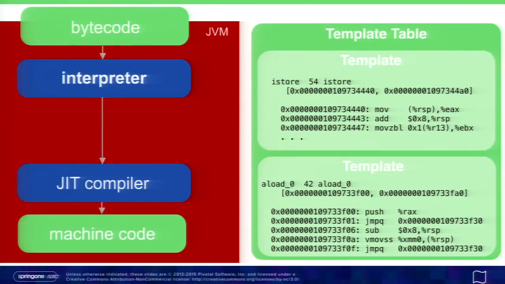And all those templates live in a template table. So what's happening is there's actually assembly code being executed, even in the interpreter. So this is fast, but it's also pretty complex, and it requires assembly code to be generated for all the different OS and hardware systems. So it does require a lot of space.